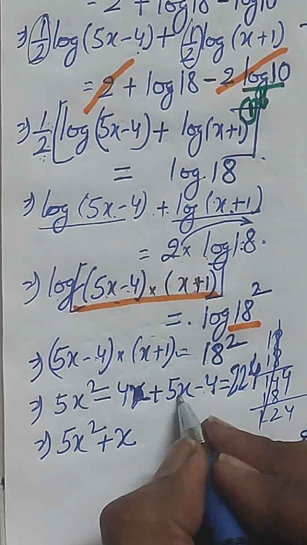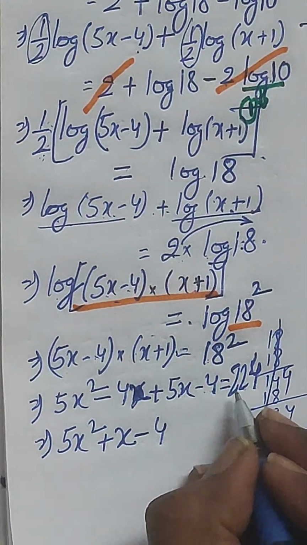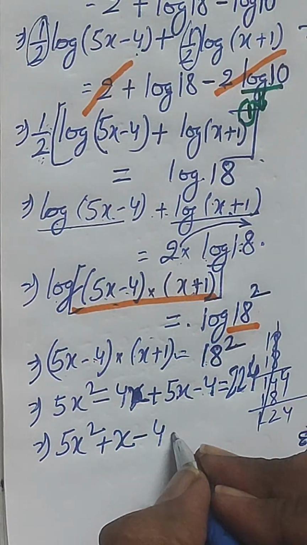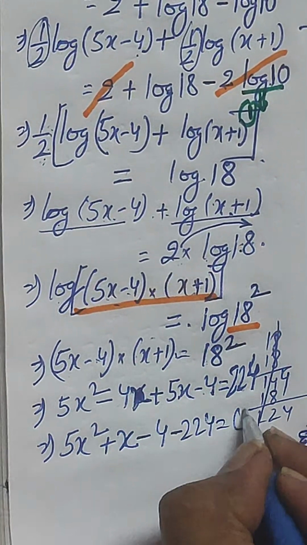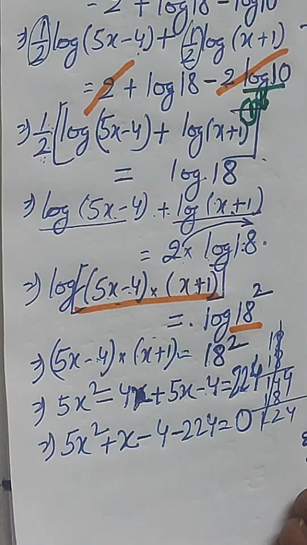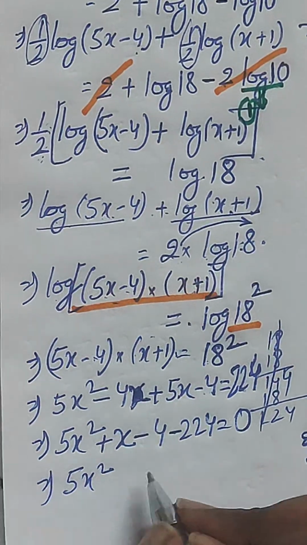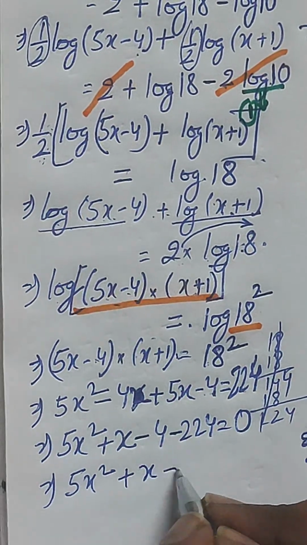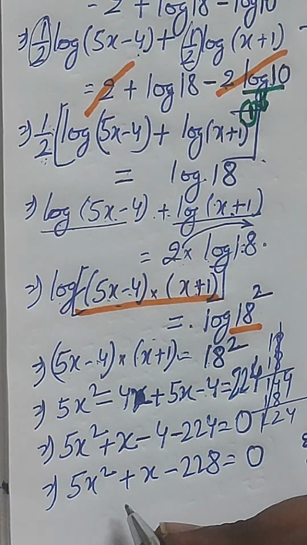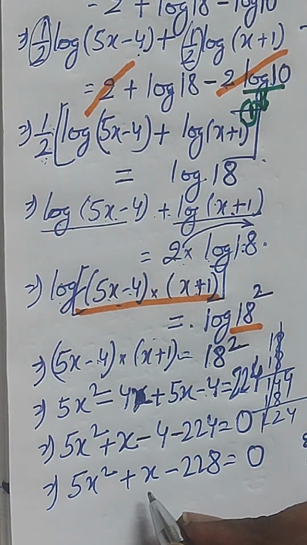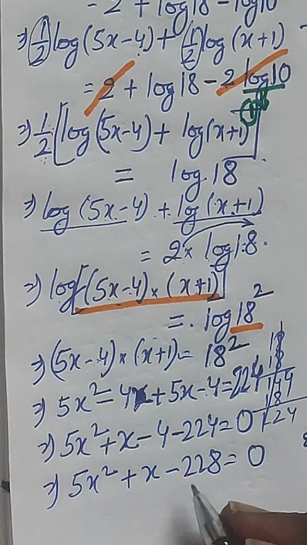Yes, so minus 4x plus 5x is x, and this 224 when coming to the LHS it's coming as minus 224 here, and RHS we have 0, right? Now into the subsequent step we have 5x square plus x minus 228 equal to 0, right?